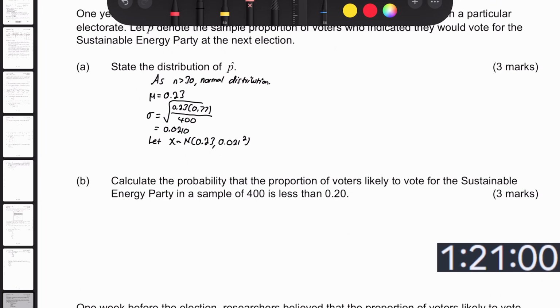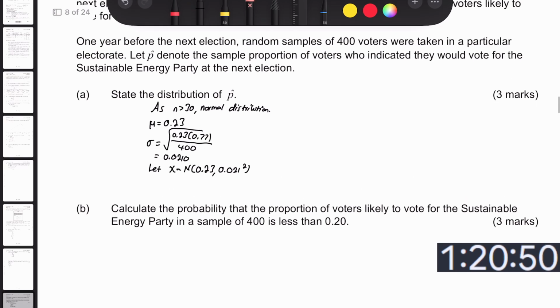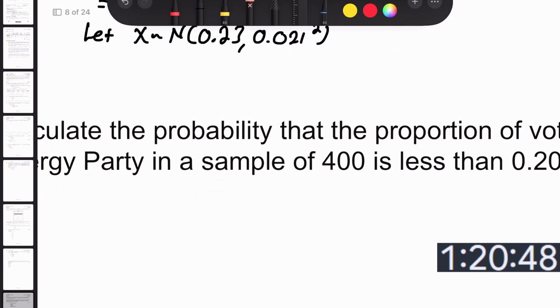Calculate the probability the proportion of voters likely to vote for the party in a sample of 400 is less than 0.2. Okay, so then this is just normal CDF. So I say the probability of x being less than or equal to 0.2.